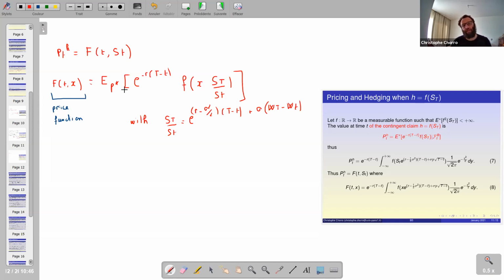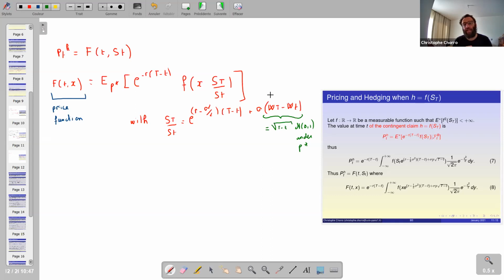So I have an expectation to compute. The only source of randomness is this one here, which can be written as the square root of capital T minus t times an N(0,1) under P star. Because W is a Brownian motion under P star, W capital T minus W_t follows N(0, capital T minus t) under P star.